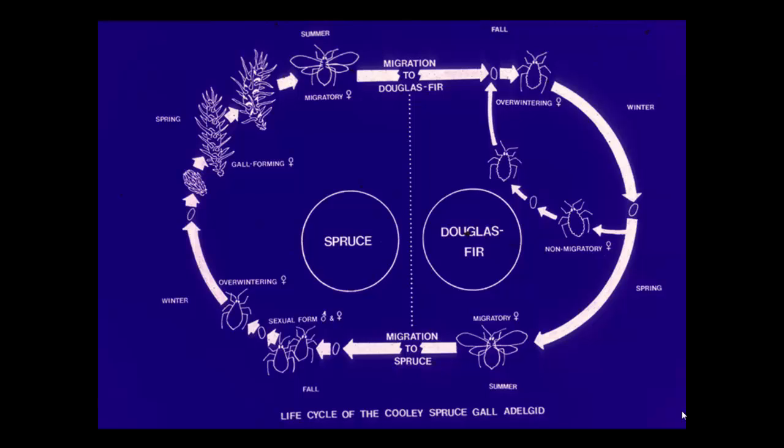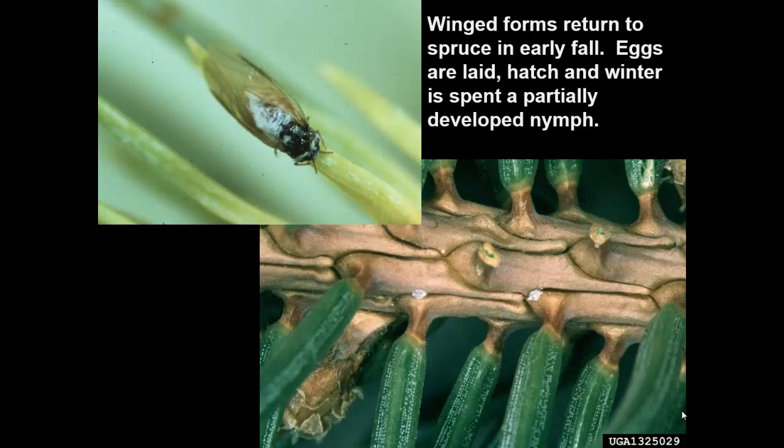So there are migratory forms that leave Douglas fir late in summer, and if they find a spruce tree, these wing forms return to spruce, and they will then lay eggs that hatch and produce those overwintering, partially developed nymph stages that are the stage that survives between seasons, that little tiny woolly aphid that is indicated on the underside of the twigs in the lower right picture.